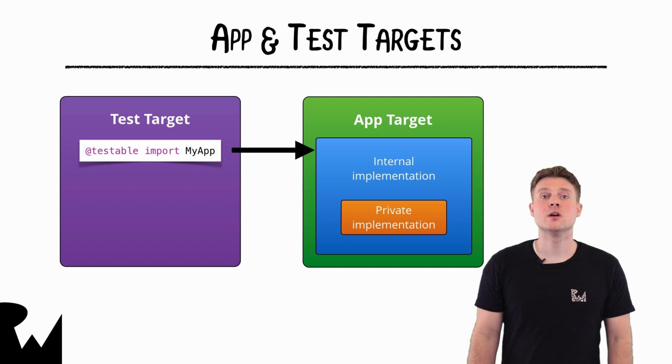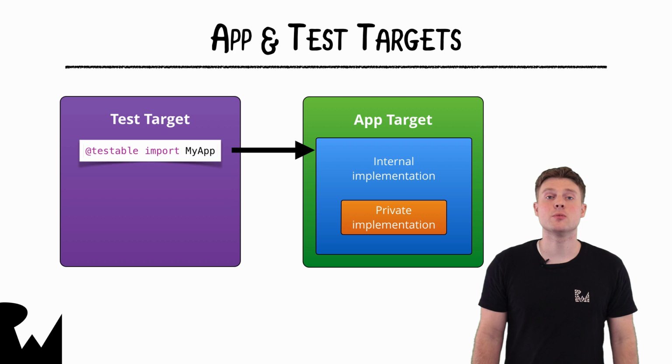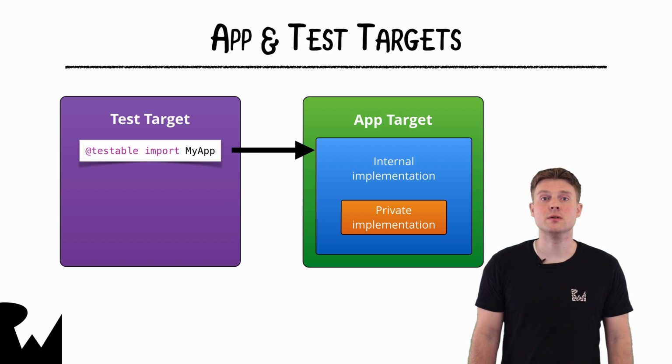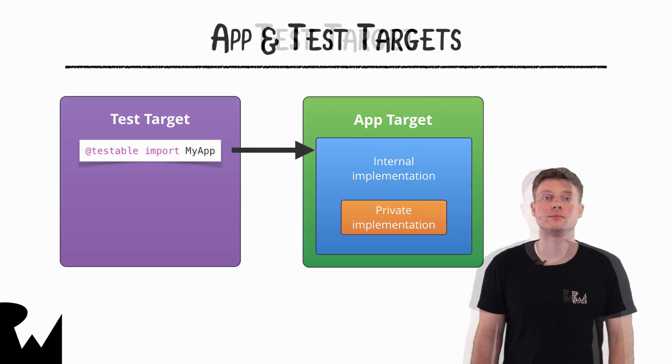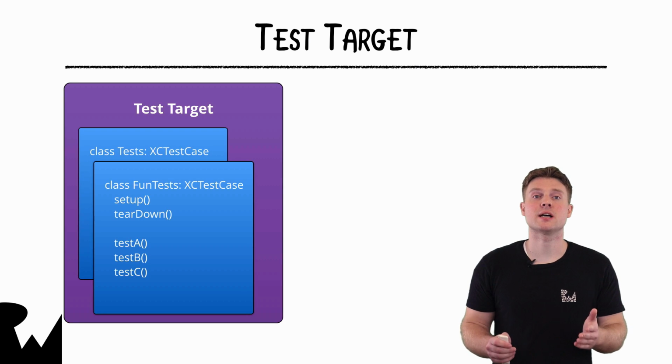This gives you access to both the internal and the public components for the imported module. This means you'll be able to access your app's code as if your tests were part of the same target. You still won't be able to access the private components, however, which are intended to be accessible only in their limited scopes.